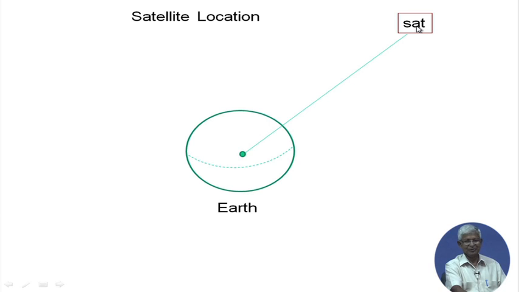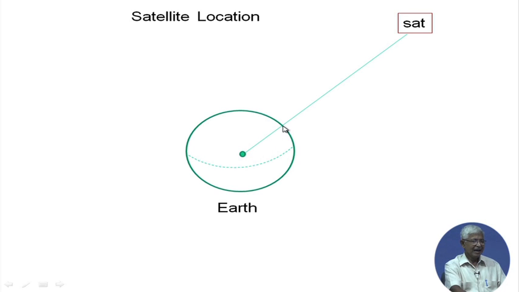There are many ways you can have different coordinate systems to define where the satellite is, but a very commonly used terminology is this: if we draw a line from the satellite to the center of the Earth, at some point it cuts the Earth's surface. That is called the sub-satellite point, as if somebody is looking from the satellite directly to the center of the Earth.